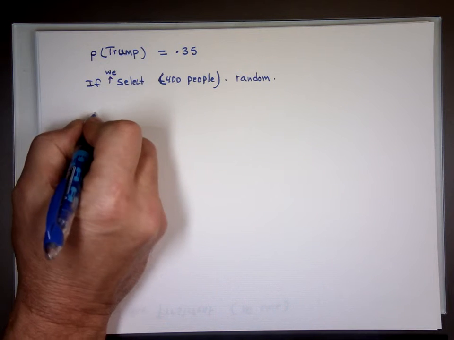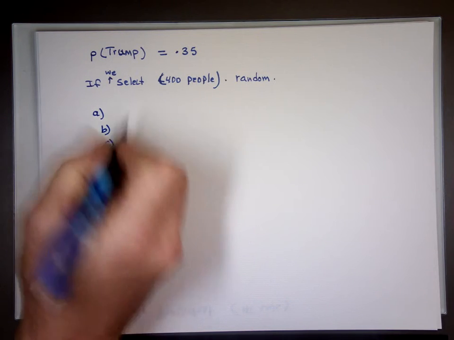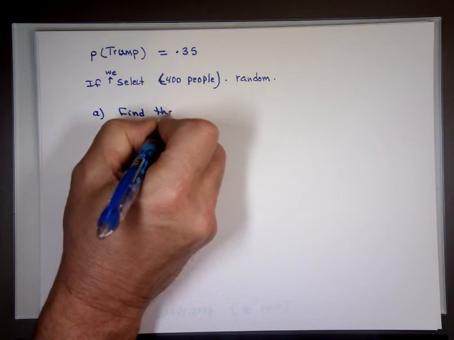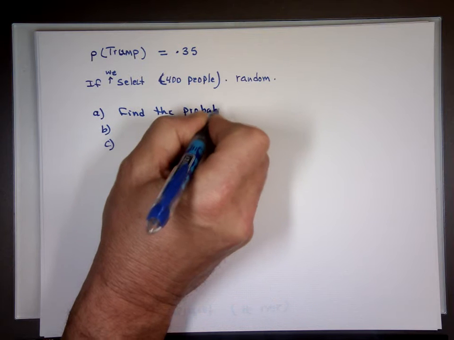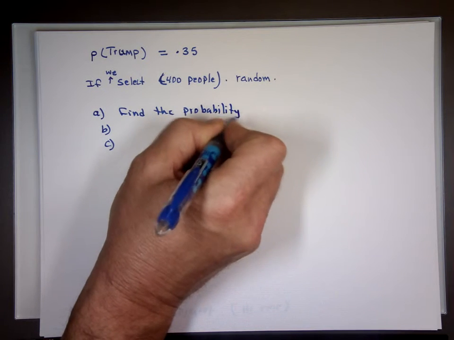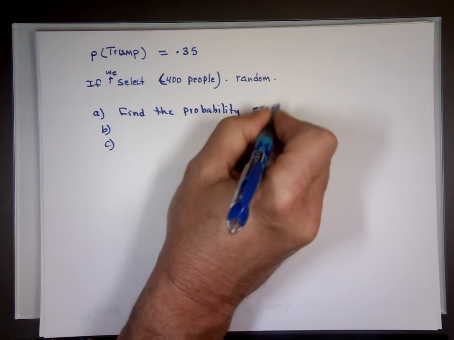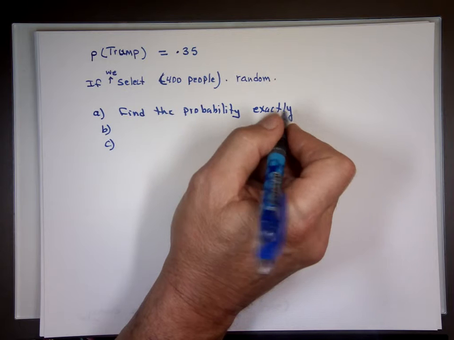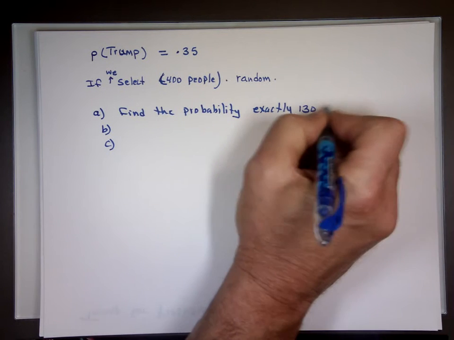We'll have a few questions, A, B, C. Find the probability that exactly 130 people will vote for him.